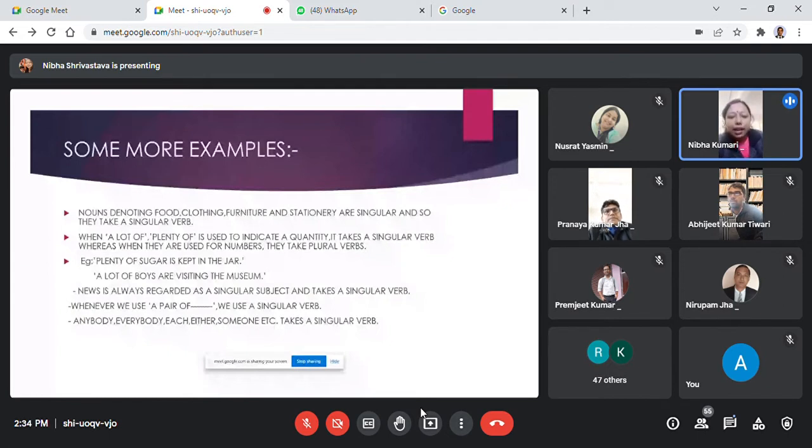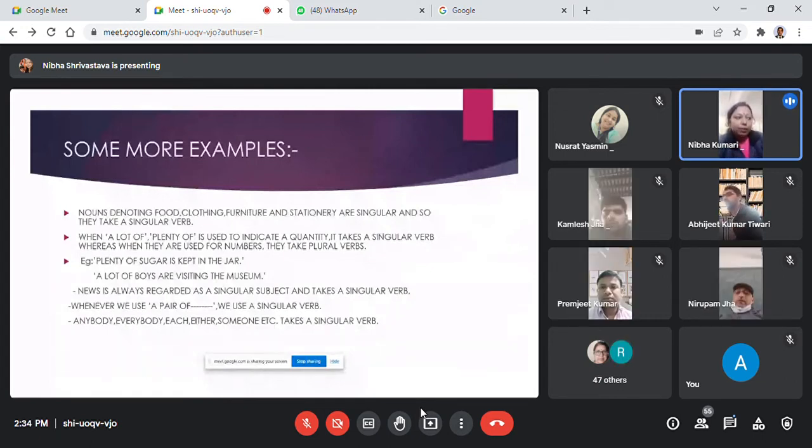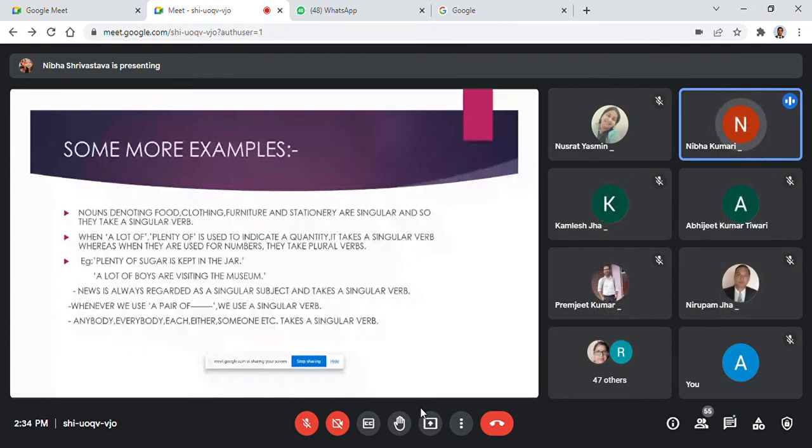Because sugar is uncountable, with uncountable nouns these terms take a singular verb. Whereas if the noun is countable, see the example: a lot of boys are visiting the museum, instead of a lot of boys is visiting the museum, because boys are countable.